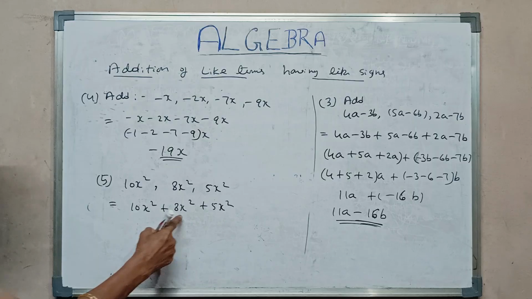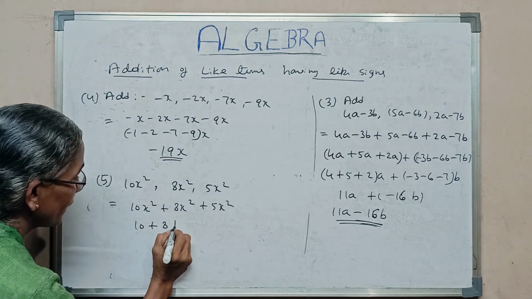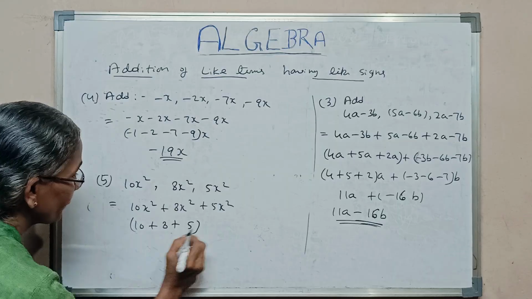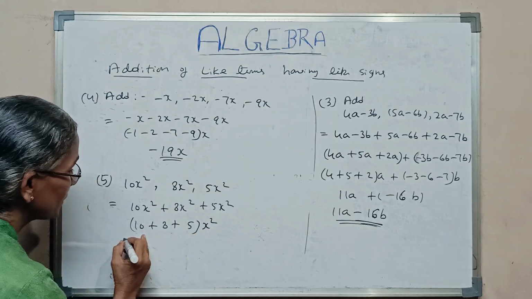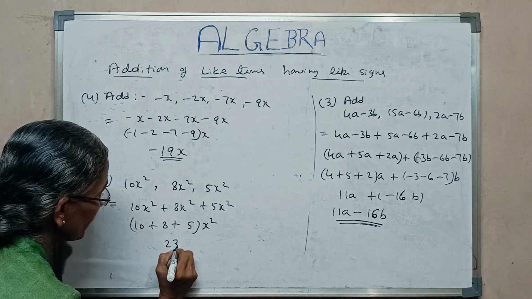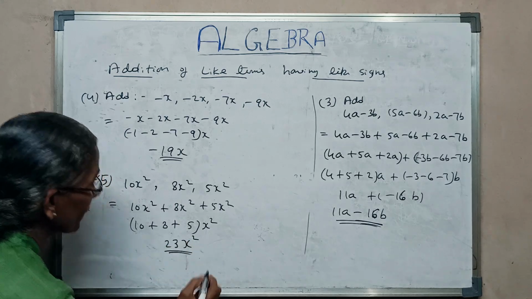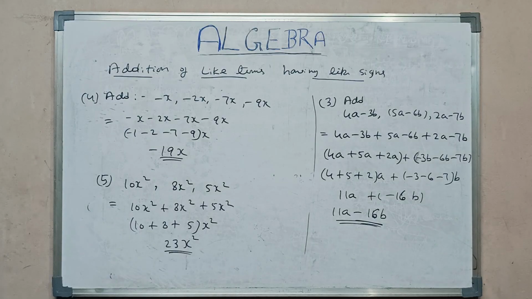The variable x square is the same, so we take it outside: 10 plus 8 plus 5. 10 plus 8 is 18, 18 plus 5 is 23. So 23x square. Next, the remaining problems I will solve in the next class.